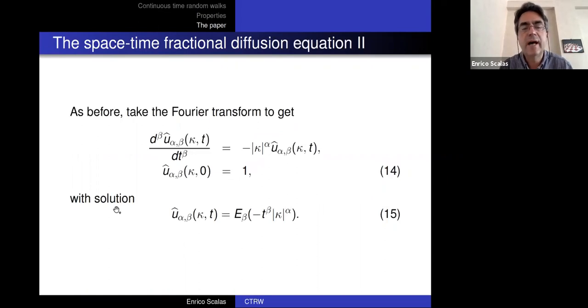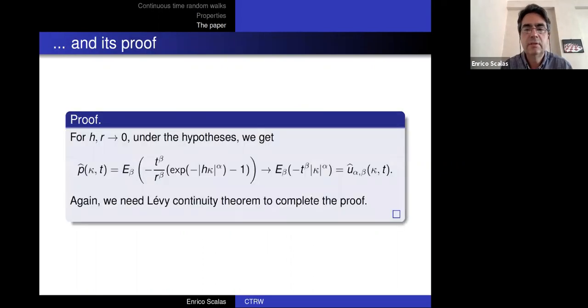It turns out that this problem for the Caputo derivative is well posed and has this unique solution here, equation 15, which is in fact exactly what we were expecting here.